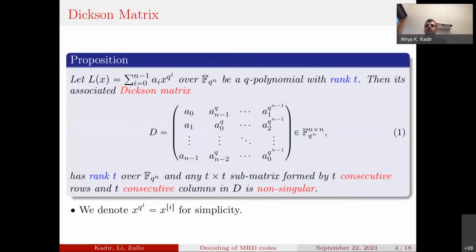And the second nice property is that any t by t submatrix formed by t consecutive rows and t consecutive columns of D is non-singular. So these two properties, we will use them later. And for simplicity, we denote x^{q^i} with x^{[i]}.